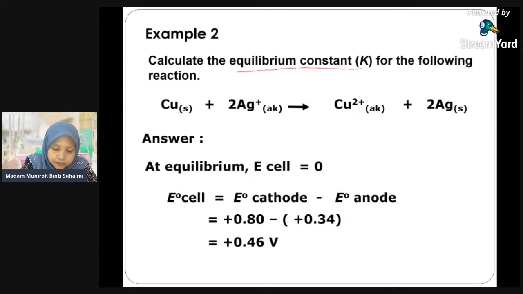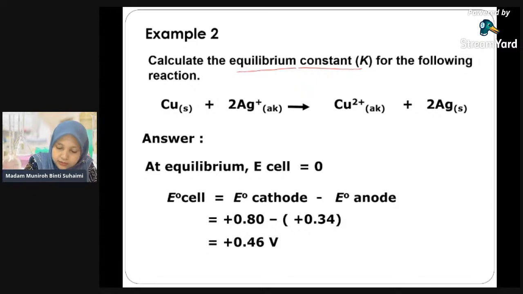So from this reaction, we must first determine which species undergoes oxidation and which undergoes reduction.